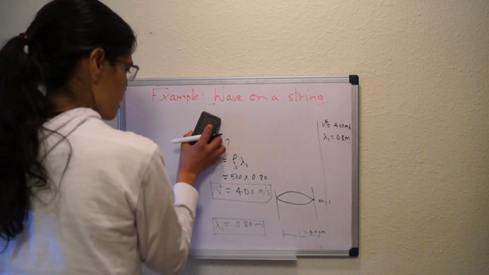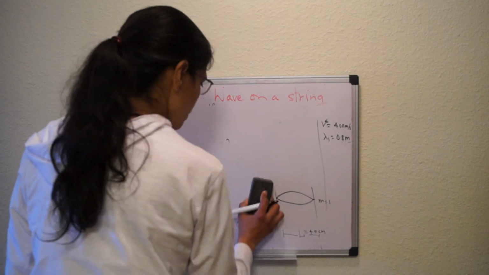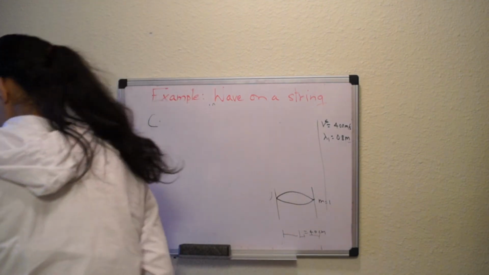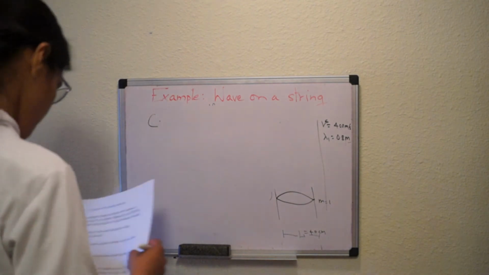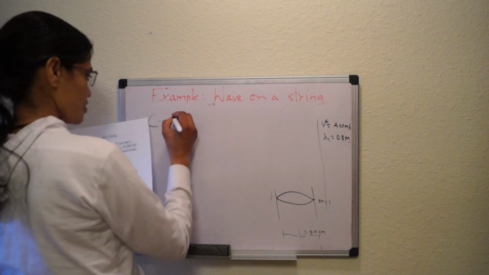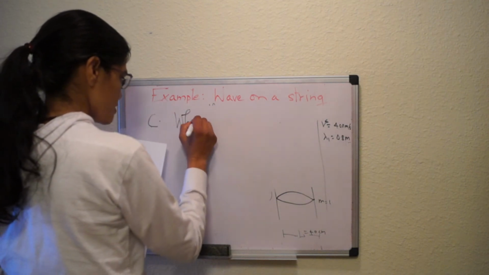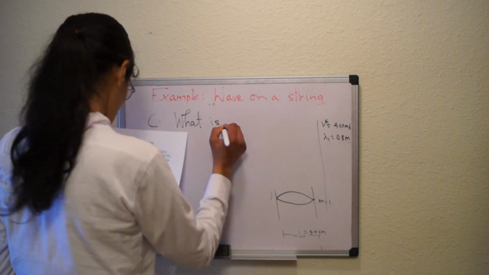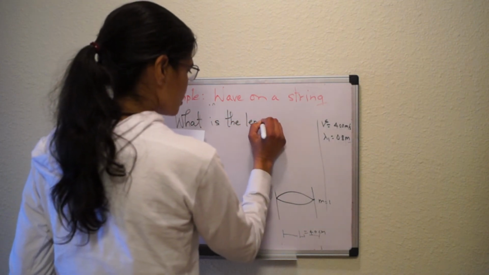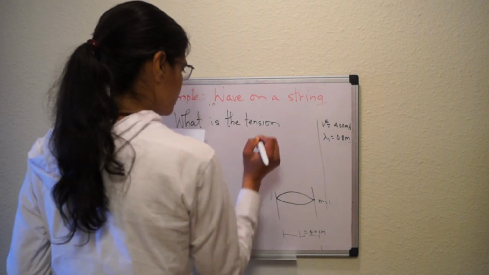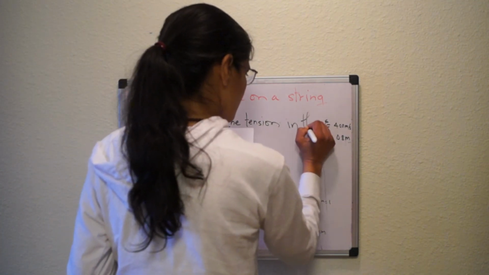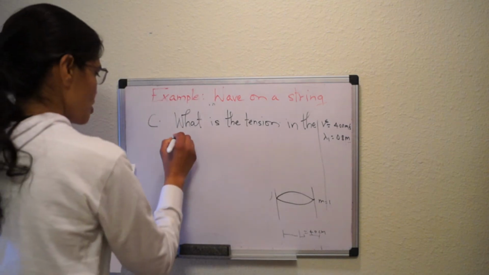Okay. So there is another question, number C. Let us see, number C. Oh, this is a good question here. So, what is the tension in the guitar string?